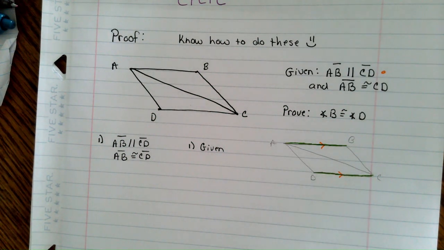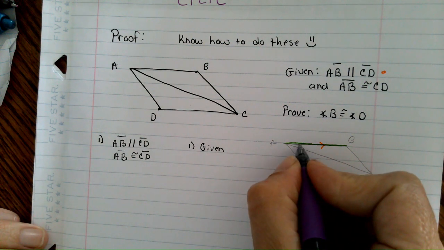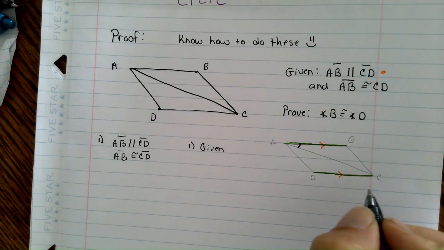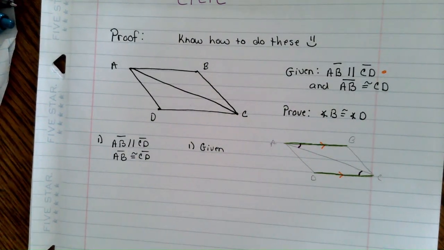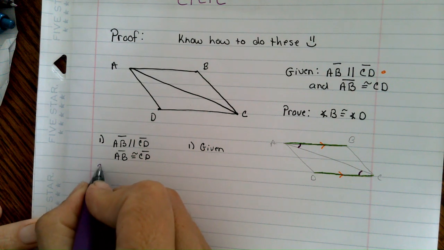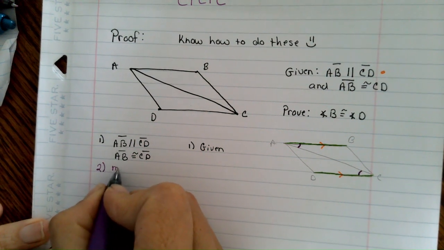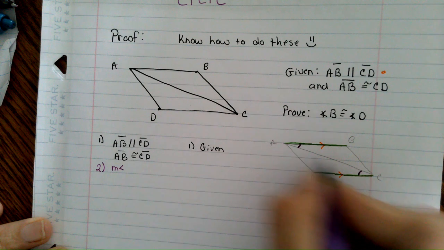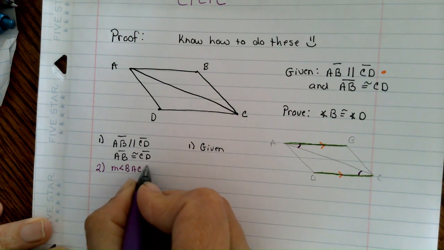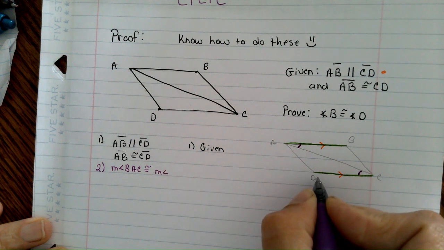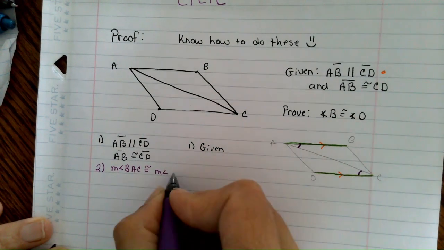It creates congruent angles, right? So because of that, this angle right here is inside the parallel lines and on the alternate side from this angle right here. So we can say the measure of angle BAC is congruent to the measure of angle DCA.